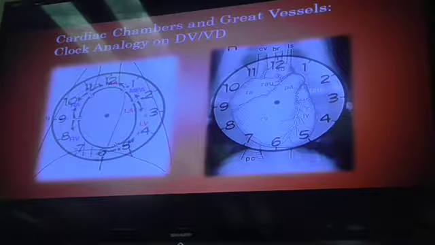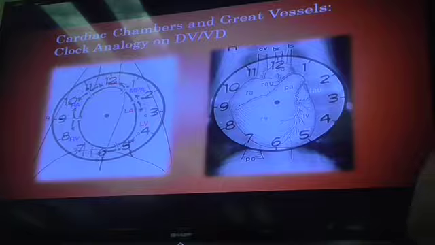I'm going to go aortic arch, and pulmonary artery, the left auricle, which is going to represent my left atrium. Remember that, okay? Left atrium technically sits, when we're looking at it on a VD or DV, in the midline, caudally, okay?